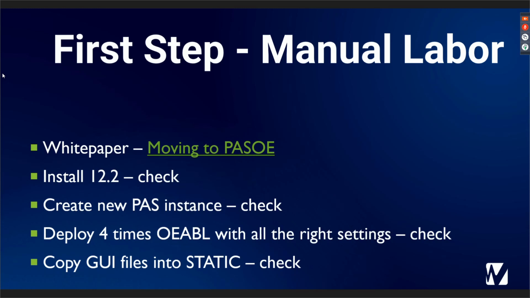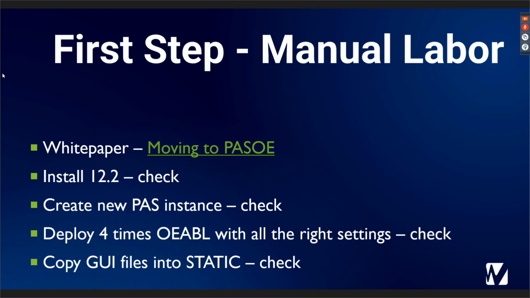I read it, not that well, but I did. So this step was done. I then installed 12.2, but this comes with, actually, when we move into Progress 12, I already had the 11.7 installed because there was the classic environment, so you can skip this one for now.